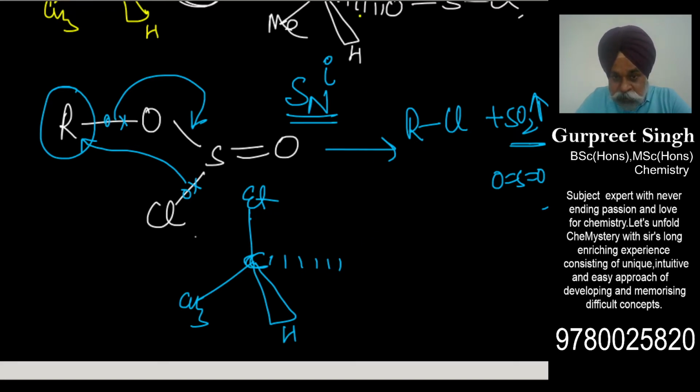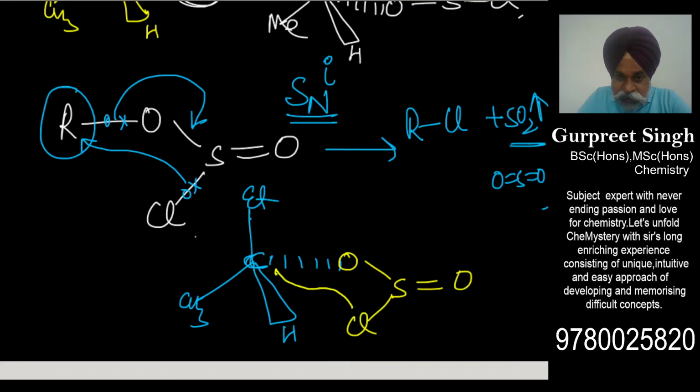Now see here. This is SO2 and here you have Cl. This Cl is attacking this carbon right from the place from where the leaving group has to depart. What is the leaving group? The leaving group is these two electrons. These electrons come here and this attacks at this position. Are you able to get it? I think I am making the point very right.